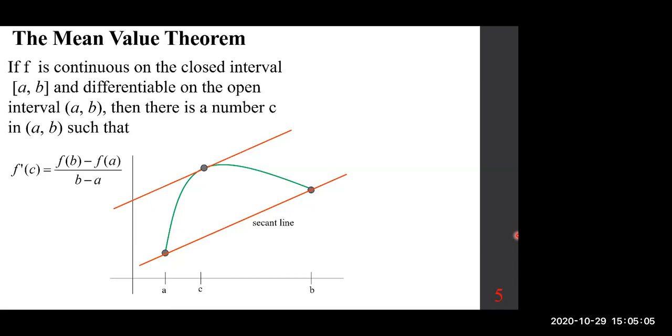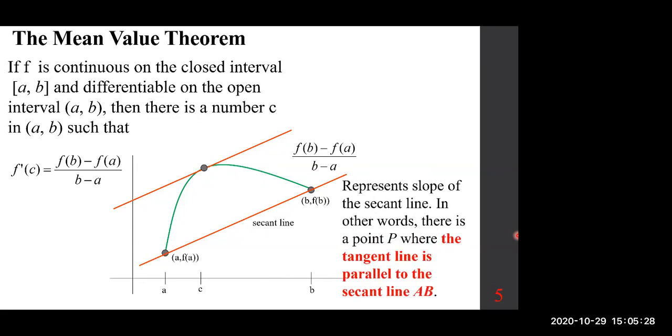This is a, f of a; this is b, f of b. And so f of b minus f of a over b minus a is the slope of the secant line, which happens to be the slope of a line parallel to that. This represents the slope of a secant line.